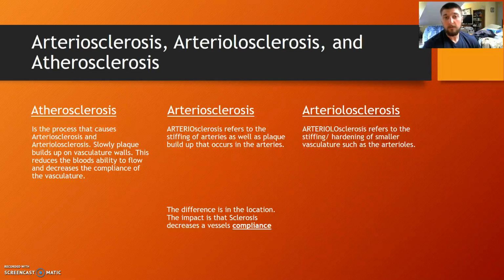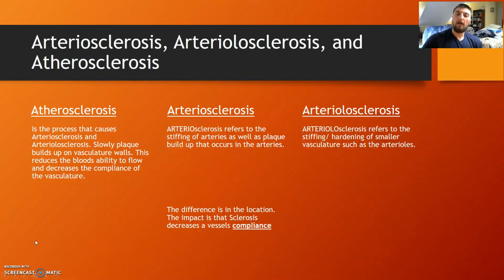So atherosclerosis is the process of the abrasing and then the adhesing of the plaque to the inside of the vessel. Arterial and arteriolosclerosis are just sclerosis in different parts of the body. So arterial would be a sclerosis in an artery, and arteriolosclerosis would be sclerosis in a small vessel, an arteriole.